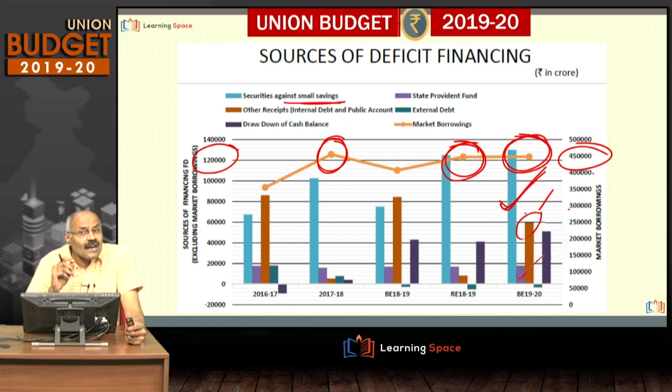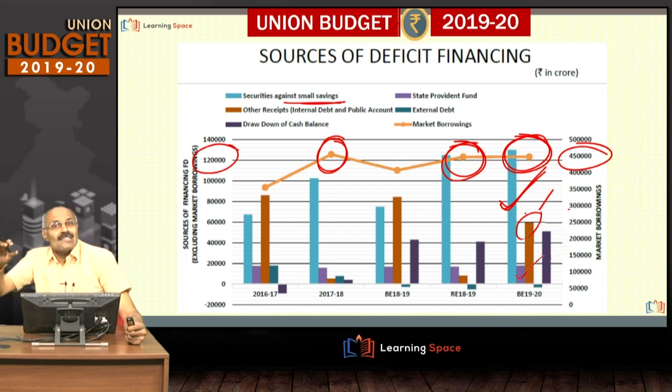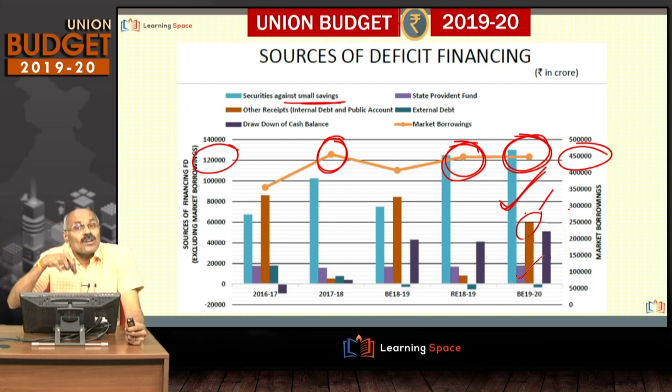So therefore, the government is keeping almost the access to market borrowings without much increase. It is relying more on small savings as well as provident funds. This is one important change, please don't forget.